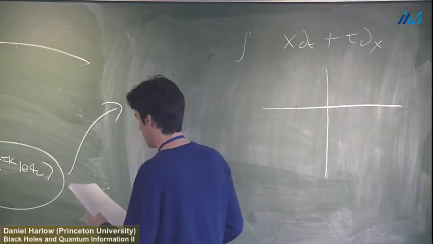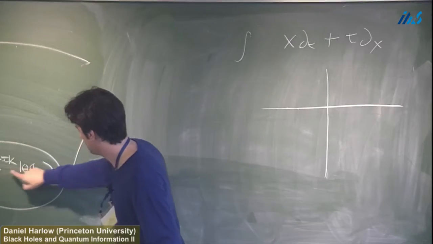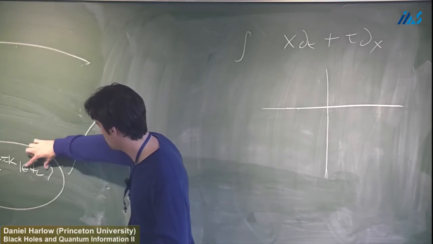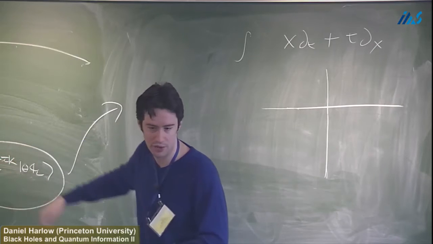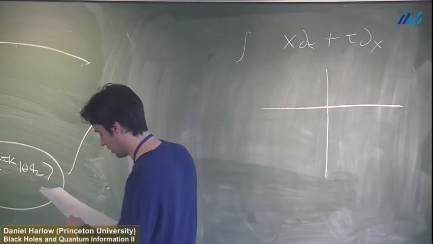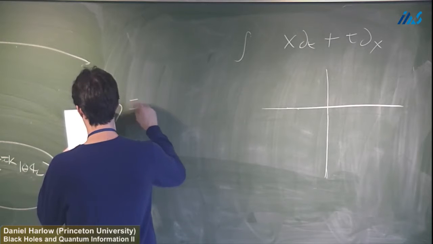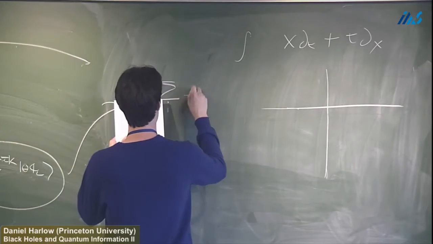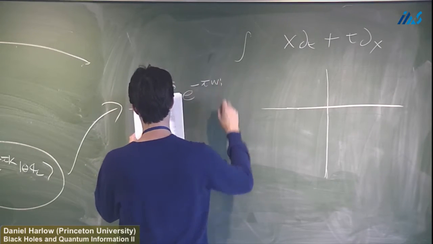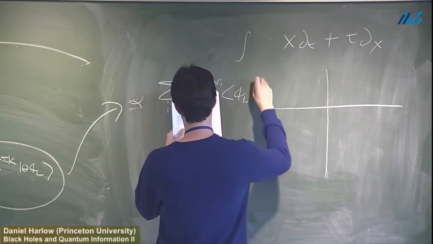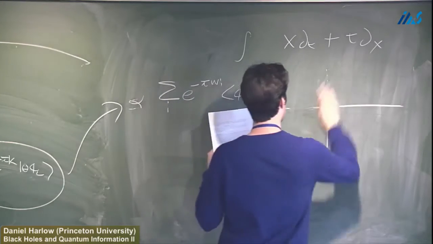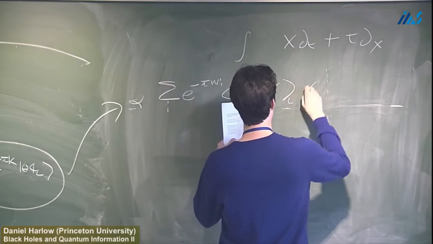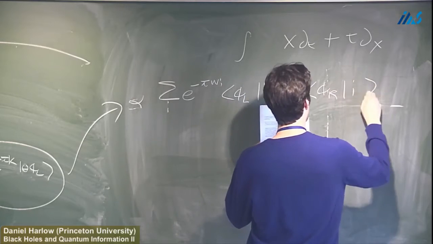I won't go through all the steps, but you insert a complete set of K states, both here and here, and then you use the special properties of CPT to flip the phi left back to the other side. What you find is that this is proportional to a sum over i of e to the minus pi omega_i, phi left, i star, left, phi right, i right.